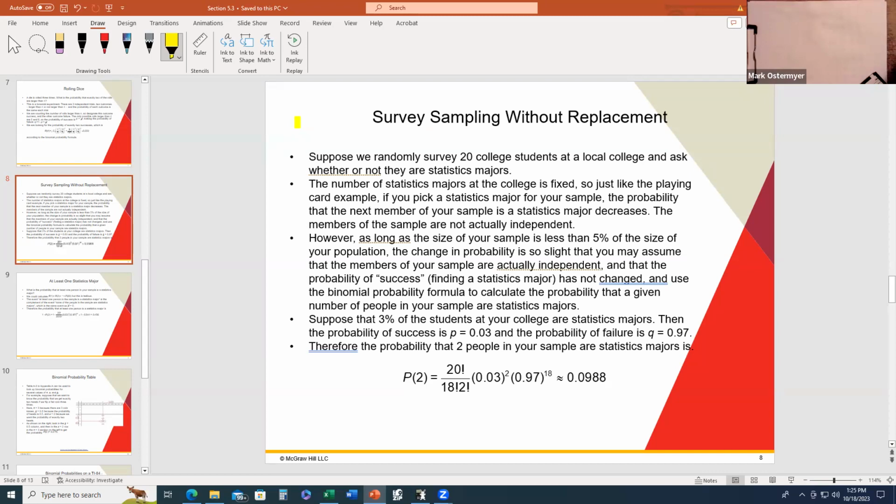Would the probability of selecting a stats major on any subsequent trials be affected by what's happened on the first, second, or third trials? Do you think it would be affected? Yes, it would. It would be greatly affected if you only had 40 students and you're selecting 20, because your sample size of 20 is much larger than 5% of the size of your population in that case.